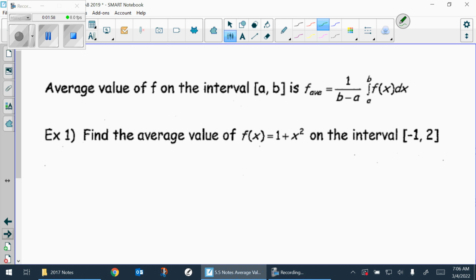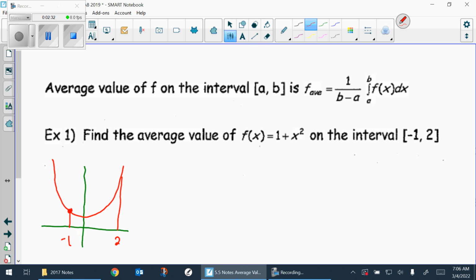Let's say we've got 1 plus x squared. That would look something like this. And what is the average value starting at -1 and ending at x equals 2?